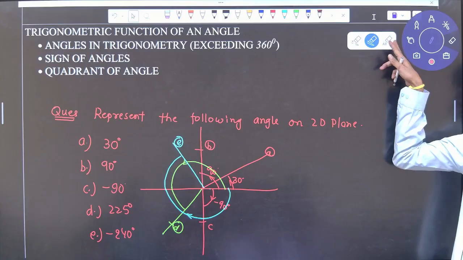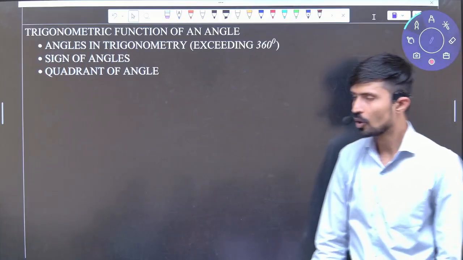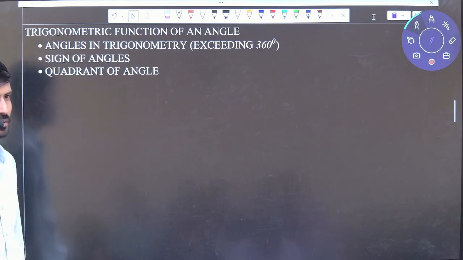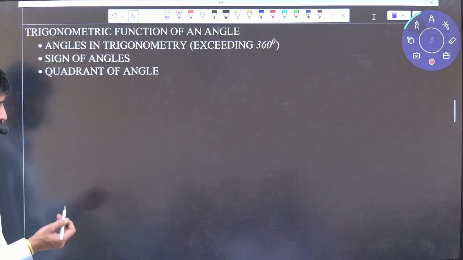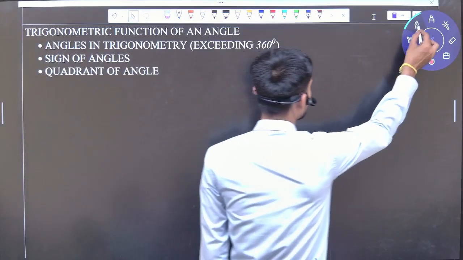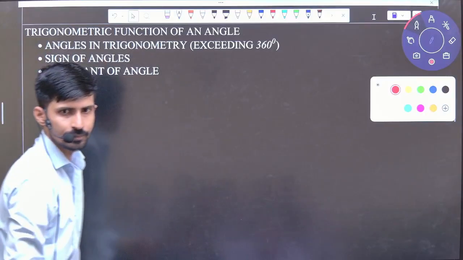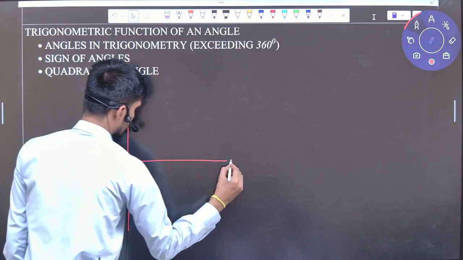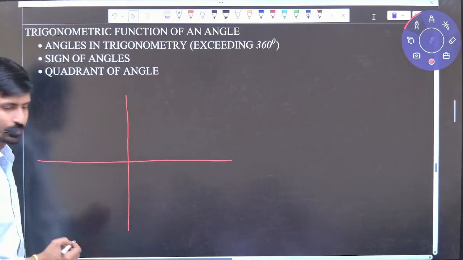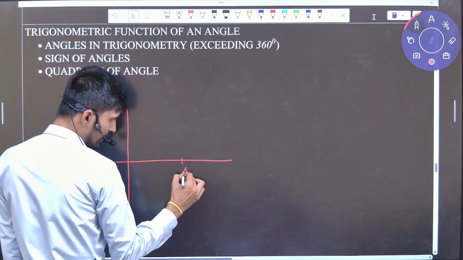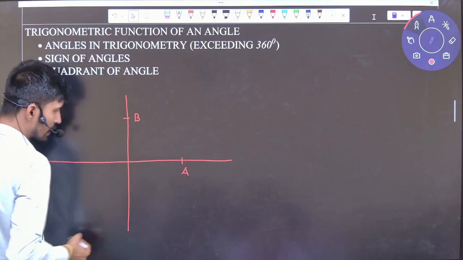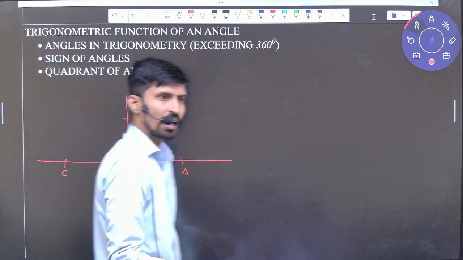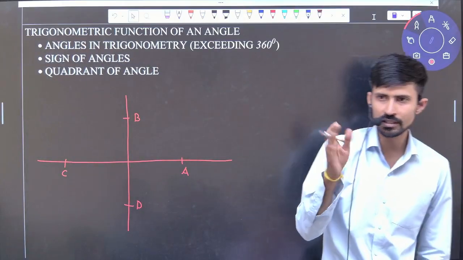Write down: Quadrant. Now we are going to do distribution of angle quadrant wise. This point I will write A, this point B, this point C, this point D. And these things your 12th seniors don't know.